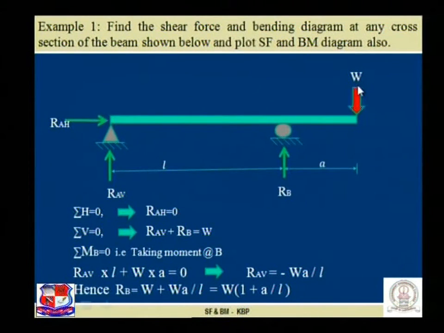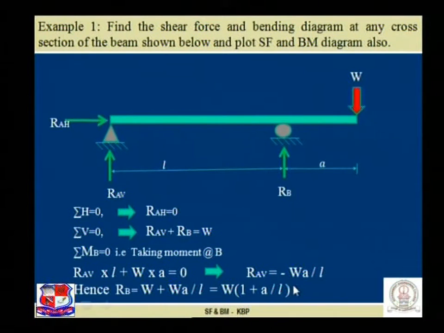Now this W creates a moment, once again clockwise, so positive, W into A, equated with 0. So we got RAV is equal to minus WA by L. What does this minus sign suggest? The minus sign suggests that our assumed direction of RAV, upward, is wrong. RAV is acting downward, of magnitude WA by L. Next, how to find out this RB?